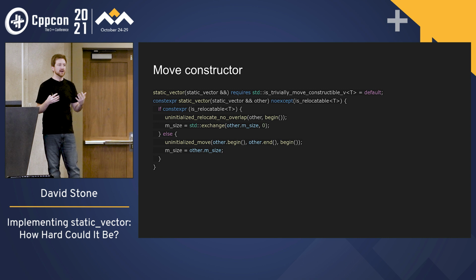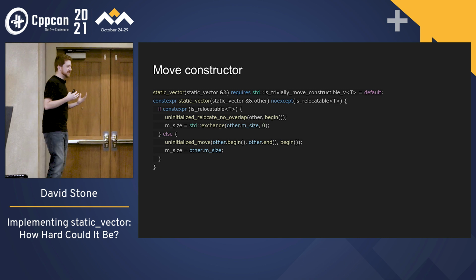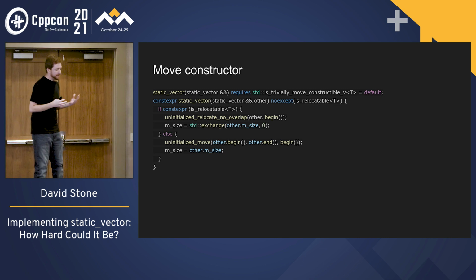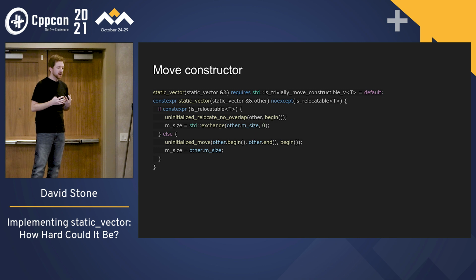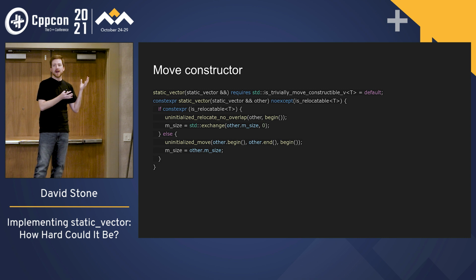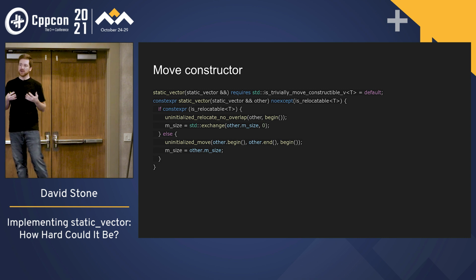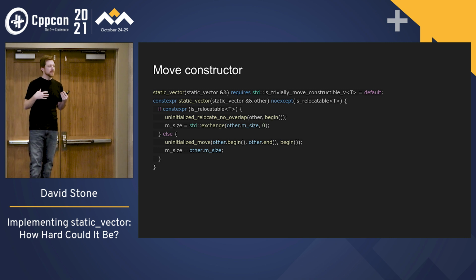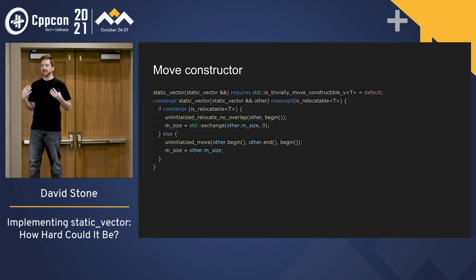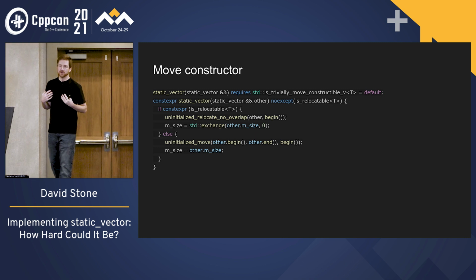For those of you who aren't familiar, relocation is basically saying that instead of just doing a move construction, we're combining the move and the destructor into a single operation. For a trivial relocation, that's memcopy. That is the single operation. But it turns out that there's optimization benefits for relocation even when it's not trivial.